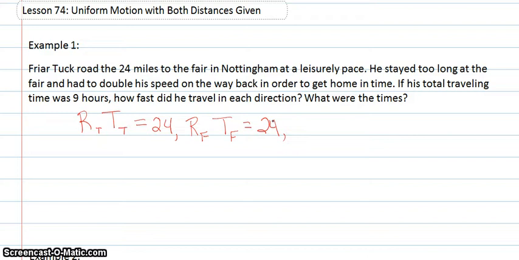Alright, and then in the next one we have a comparison. He had to double his speed on the way back, so his rate for his way back equals 2 times his rate going to, and I used T for to and F for from.